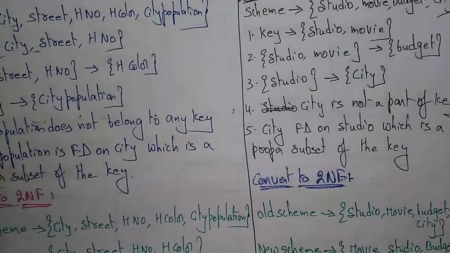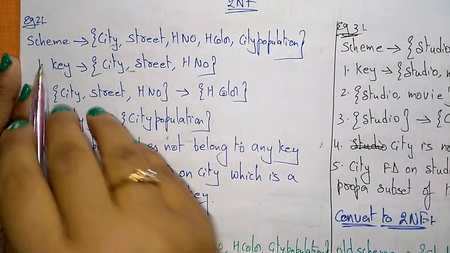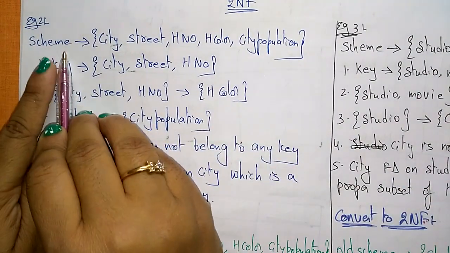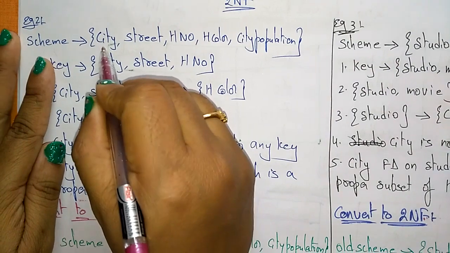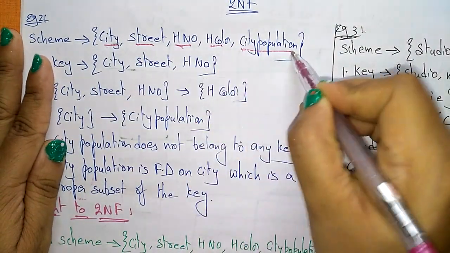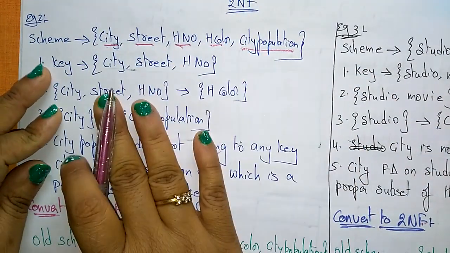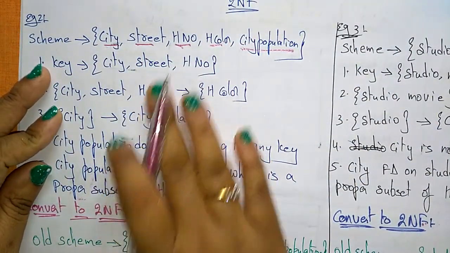Let me take another example. Here I am taking a schema, which means a relation table, consisting of the attributes city, street, house number, house color and city population. I am making this table not in normal form.